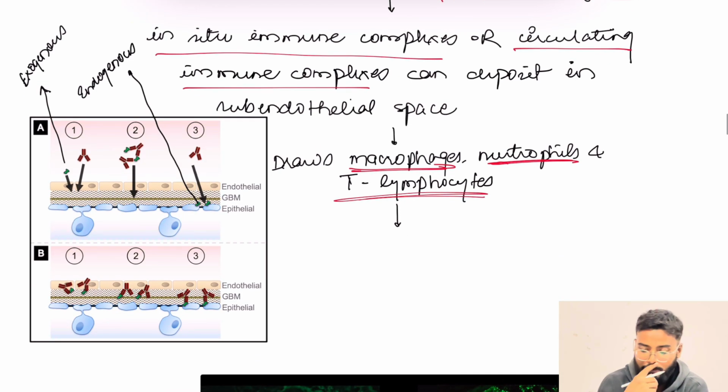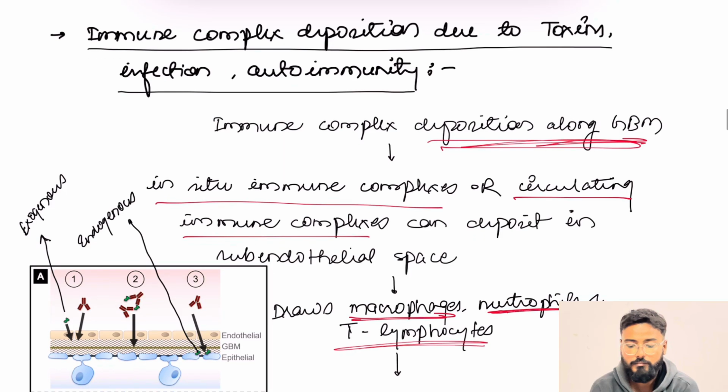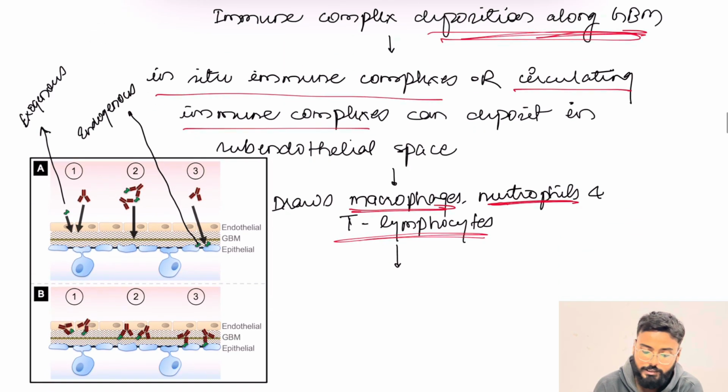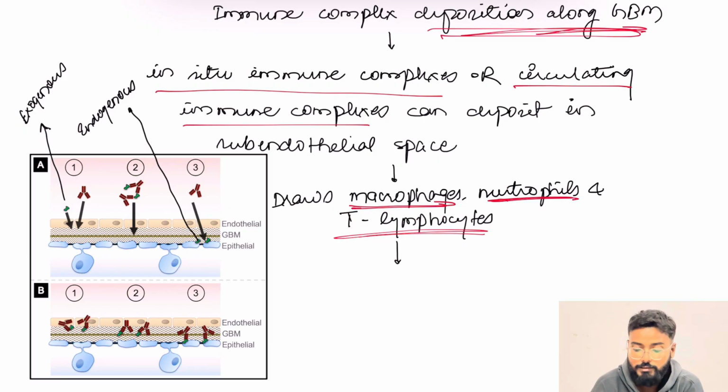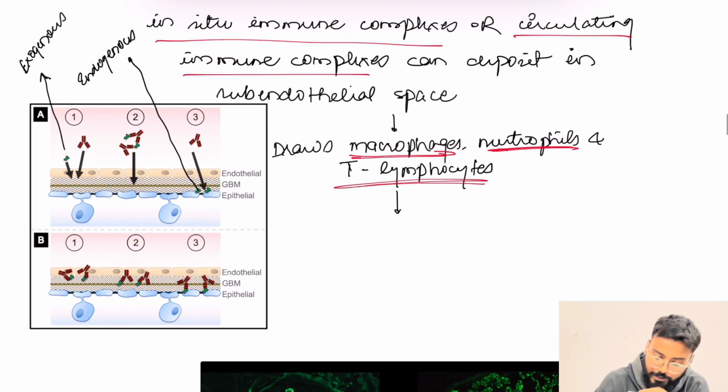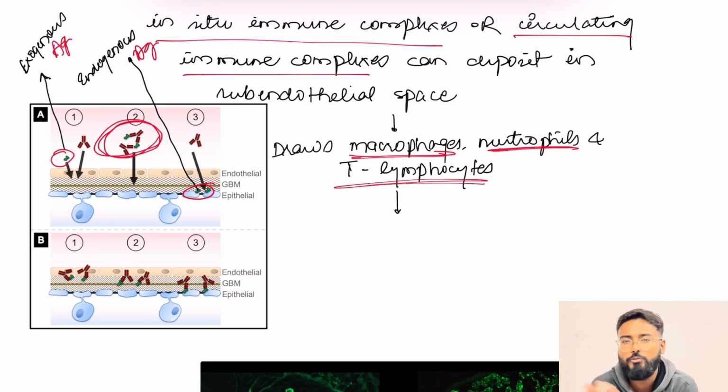So that's how immune complexes, through various ways, can deposit and elicit these inflammatory responses. From this picture you can understand this is your exogenous antigen, this is your endogenous antigen, and these are your preformed immune complexes. It could be either endogenous or exogenous.